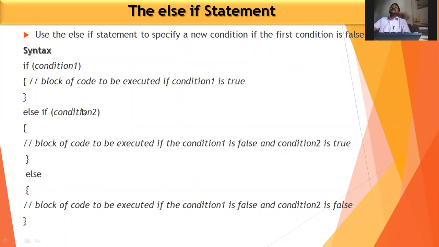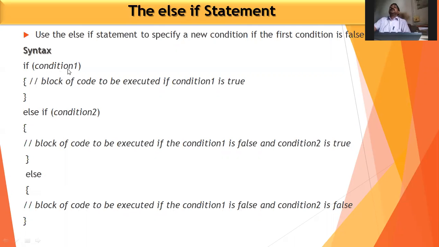If this condition is also false, so condition 1 is false and the other if written after the else is also false, then the else part written after the else if will get executed. The else part will have the block of code to be executed if condition 1 is false.